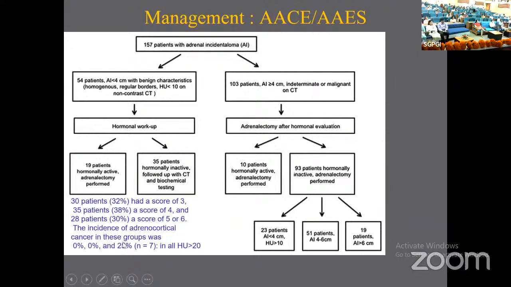But interestingly, the incidence of ACC in those patients with a score of 0 was 0%. And for the score where Hounsfield unit was more than 20, it was 25%. So obviously, when you combine the size as well as the Hounsfield unit, you have a better sensitivity and specificity.